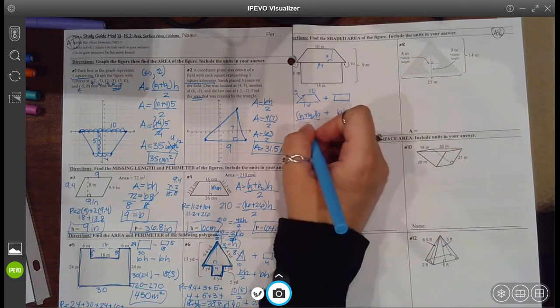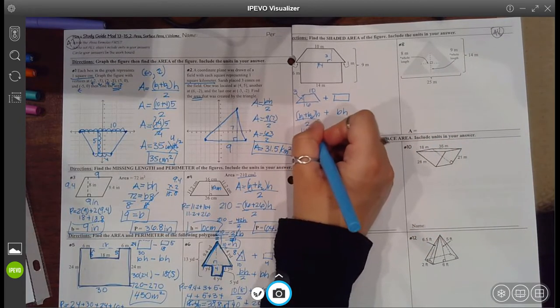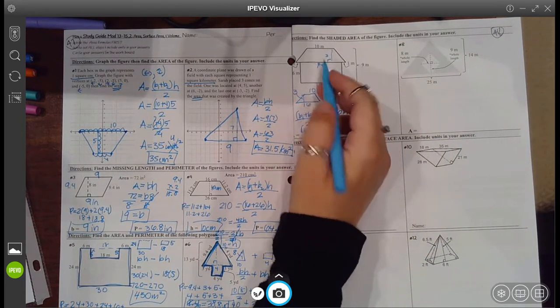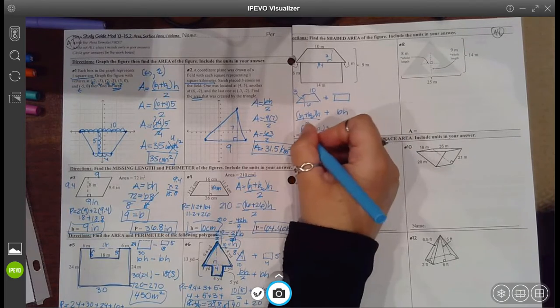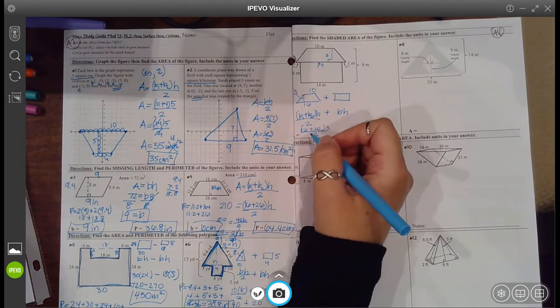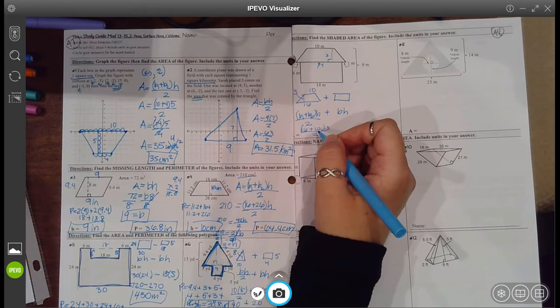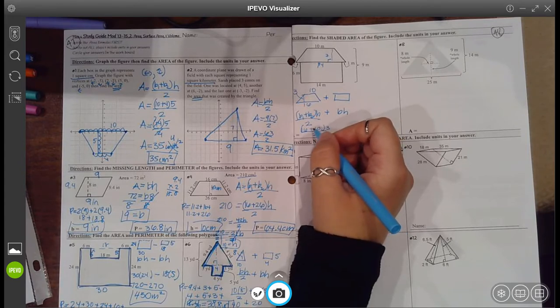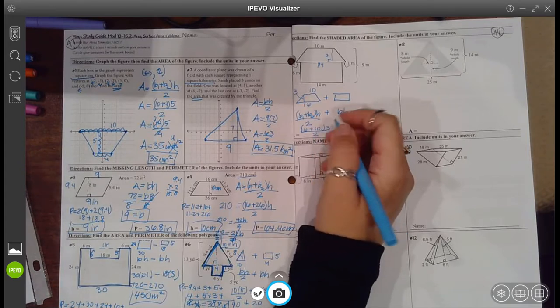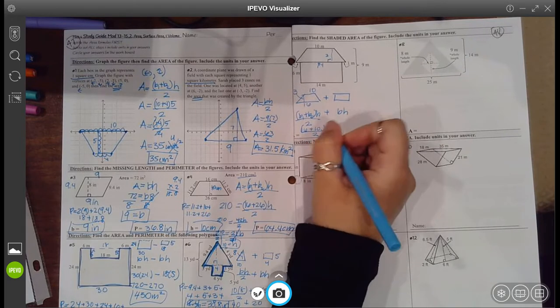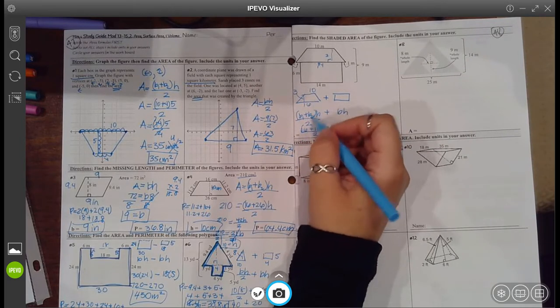So 1 base plus the other base times the height of 3 all over 2. Well, 16 plus 10 is 26. Half of 26 is 13, and 13 times 3 is 39 for this area.